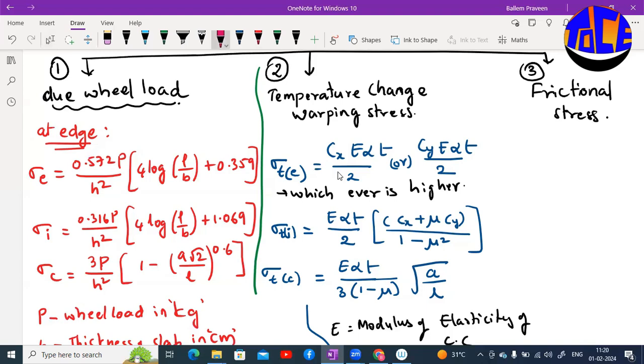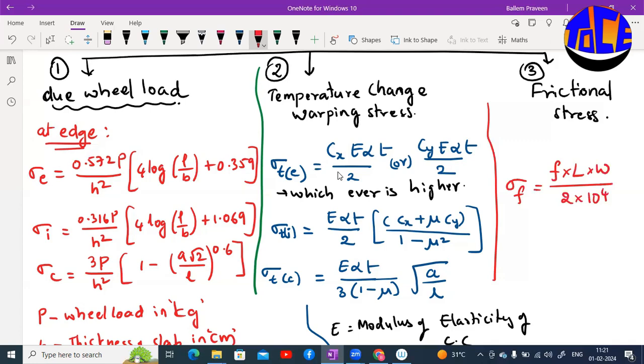To find these, sigma F, the frictional stress in rigid pavement, is equal to F into L W by 2 into 10 to the power of 4.